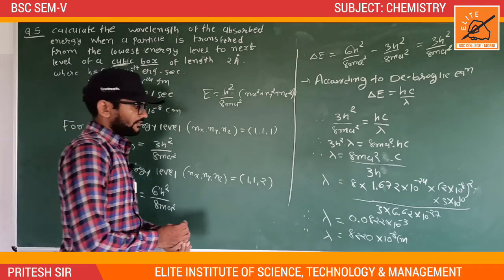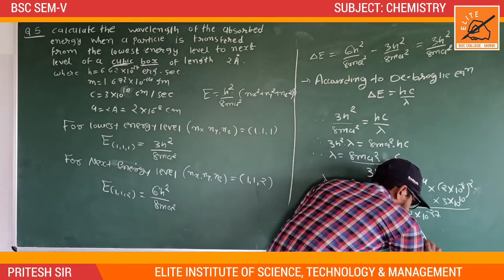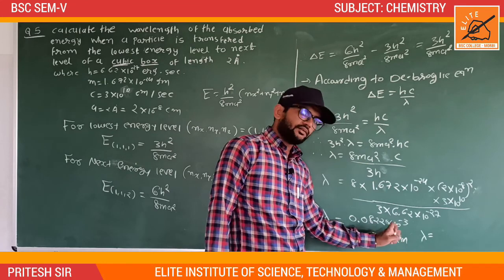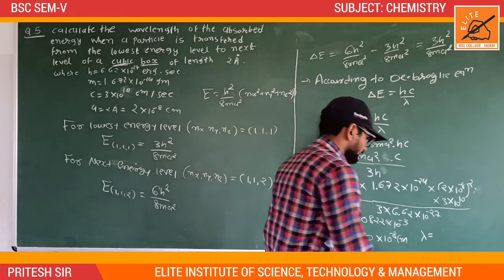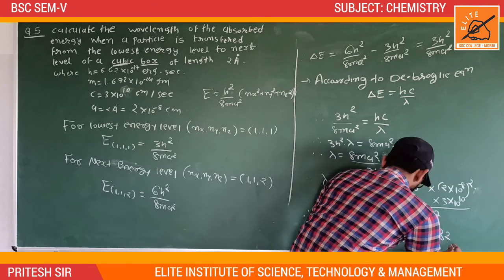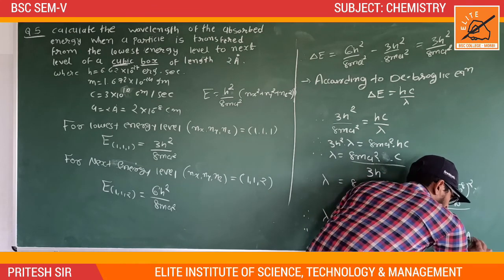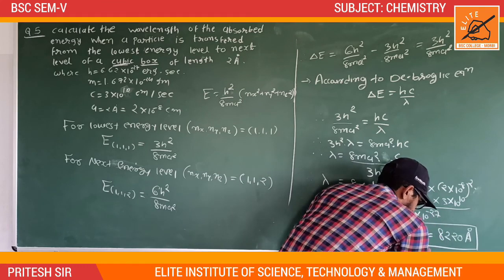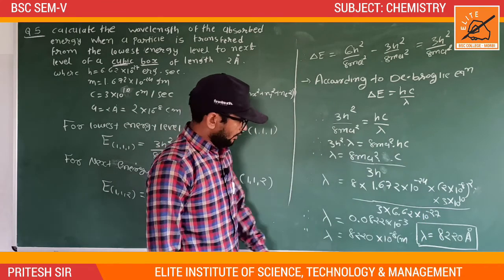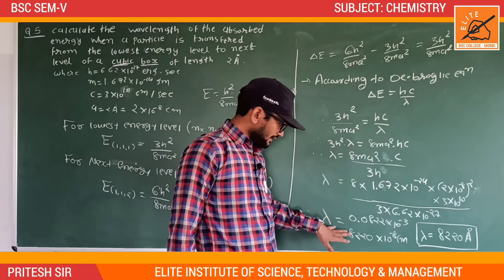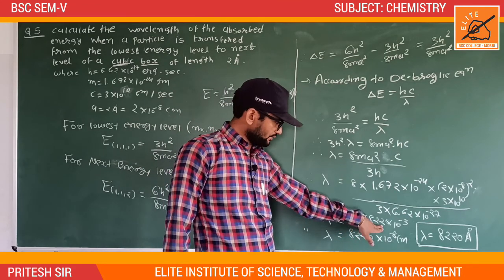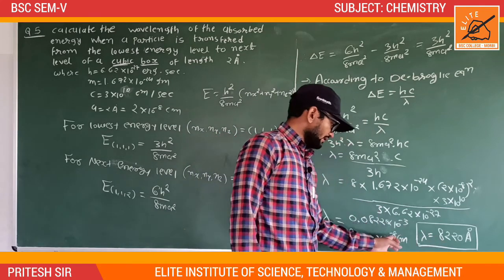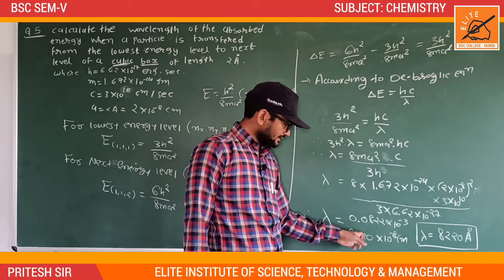The value lambda is 10 to the power minus 8 centimeter, which is equal to 1 angstrom. So lambda is equal to 8220 angstrom. This one, lambda equal to 0.0822 into 10 to the power minus 3, and this one, all three answers are right.